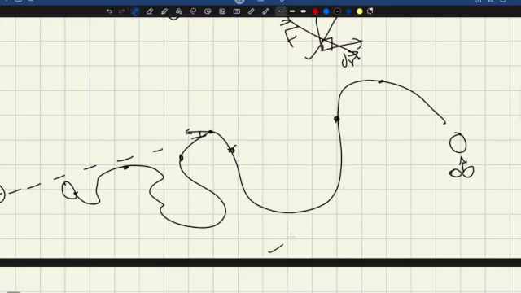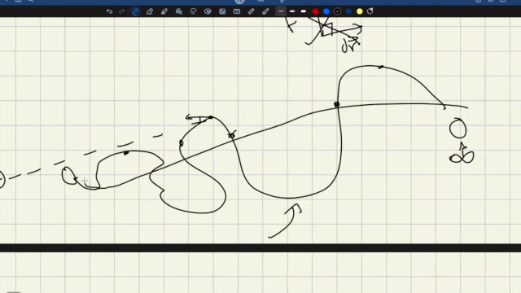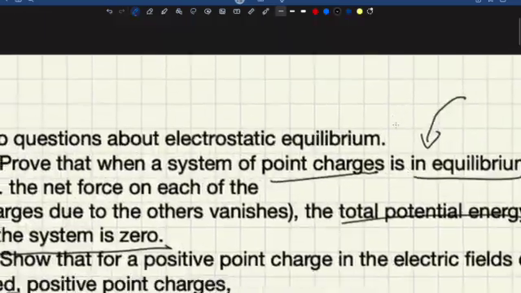Now, obviously, for this path with one point particle and another particle coming from here to there, there's no way the force is going to be zero, because this positive charge exerts a positive force at every point along the path.